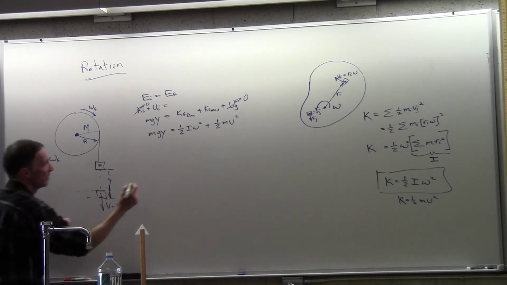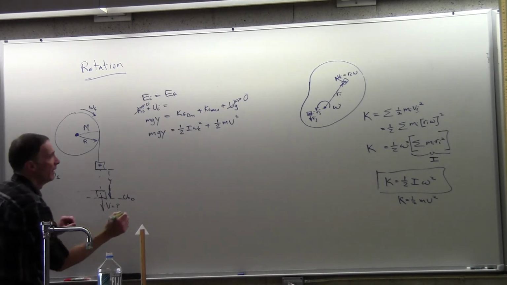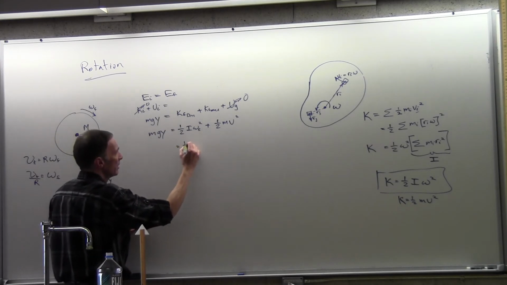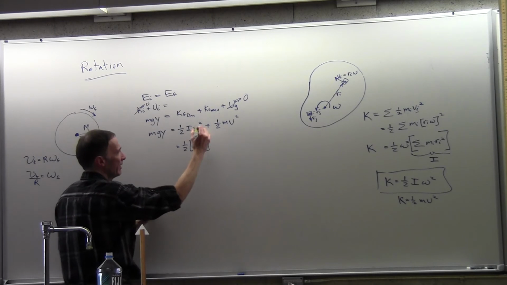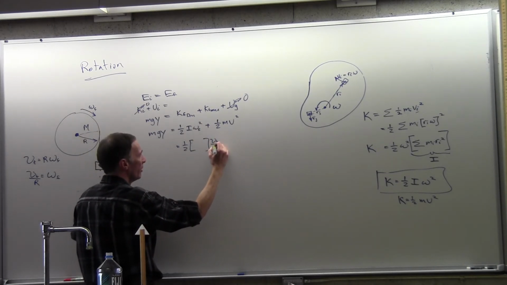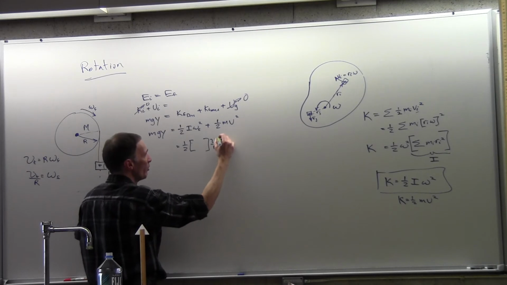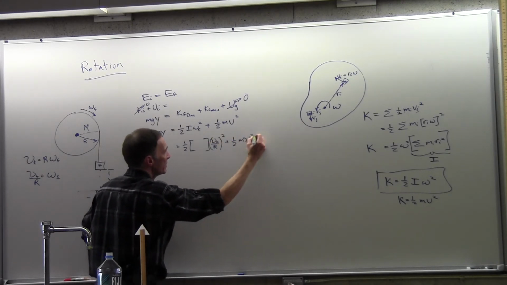Or for our purposes, omega final is v tangential all over r. And so that's going to be 1/2 I, and I'll come back and get I in a moment, but this is going to be v tangential all over r. And we're going to square that, plus 1/2 mv squared.